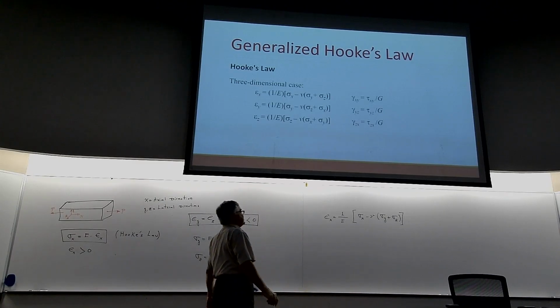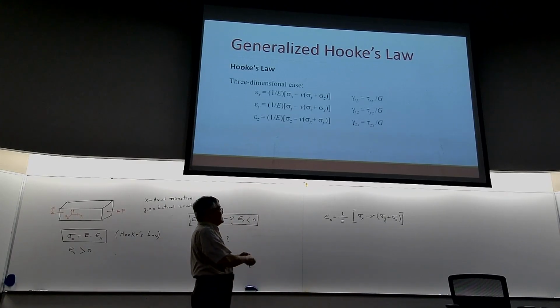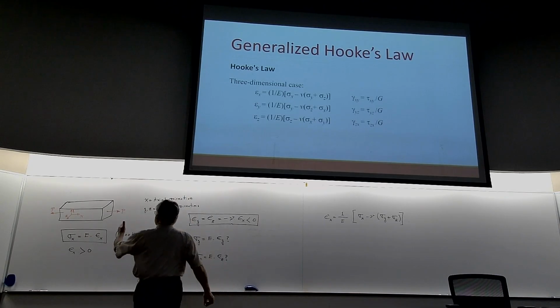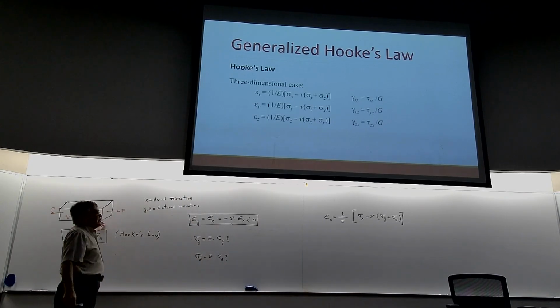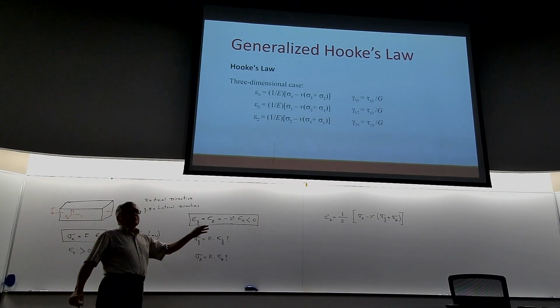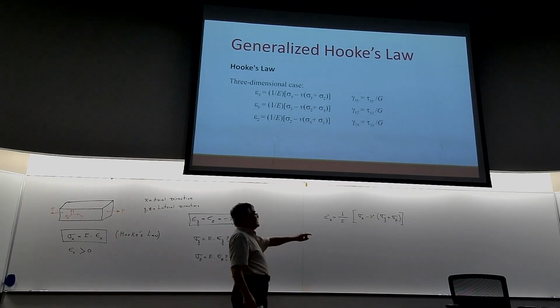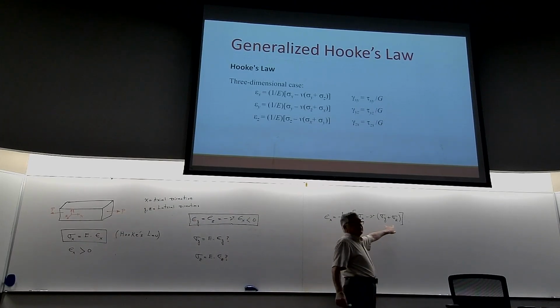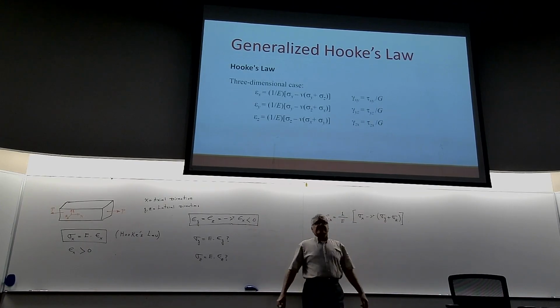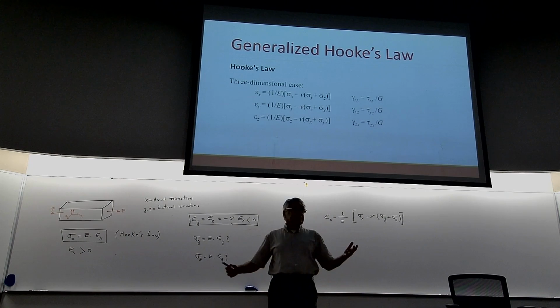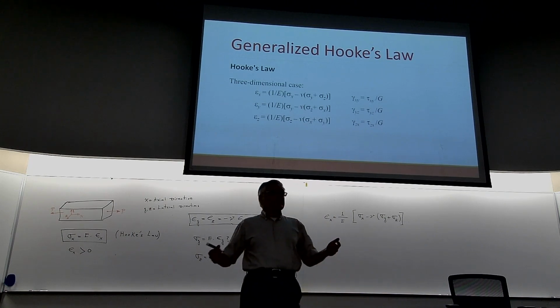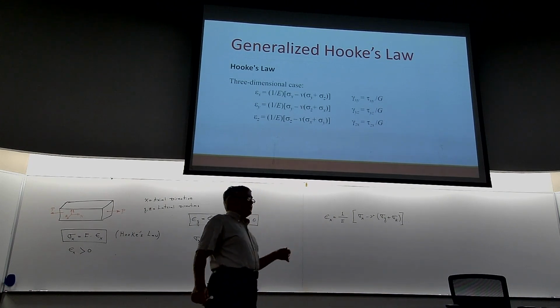And apply it to this situation. What number should I use for sigma y and sigma z over here? Zeros, no force, no stress in the y and z direction.